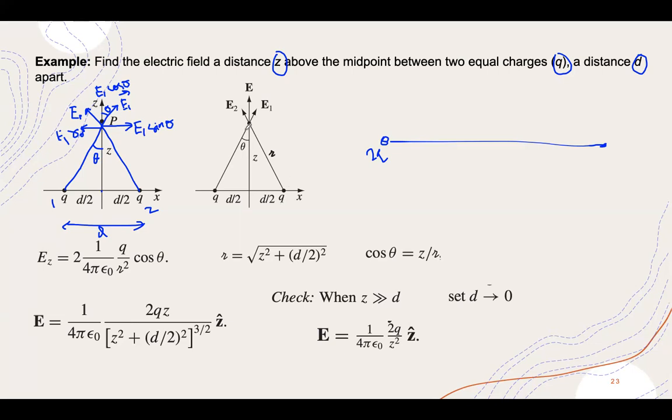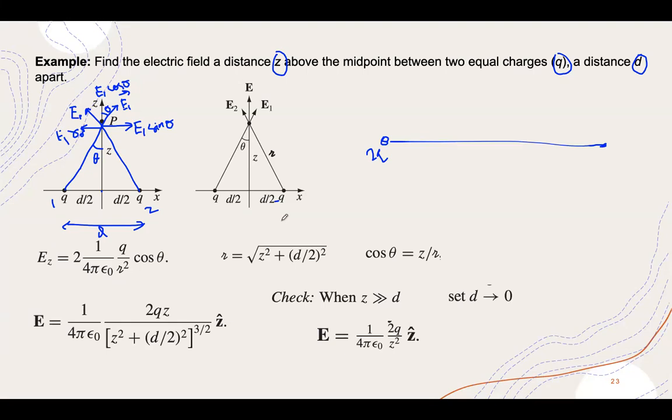At some point P. Obviously they will attract, but at some point P we want to calculate the electric field. Let's suppose I'm drawing here, and this is minus Q. Any quick observation? Sir, the electric field for both the charges will cancel out each other.